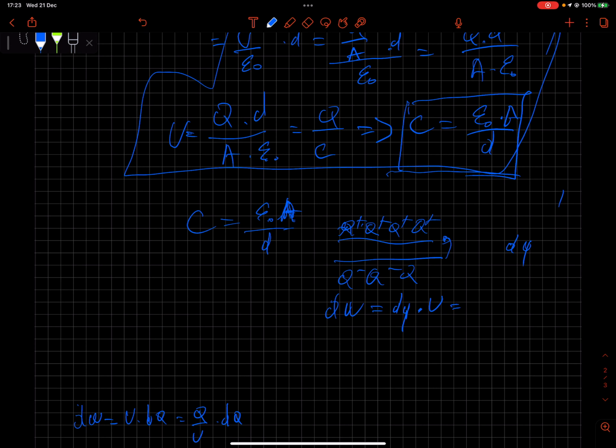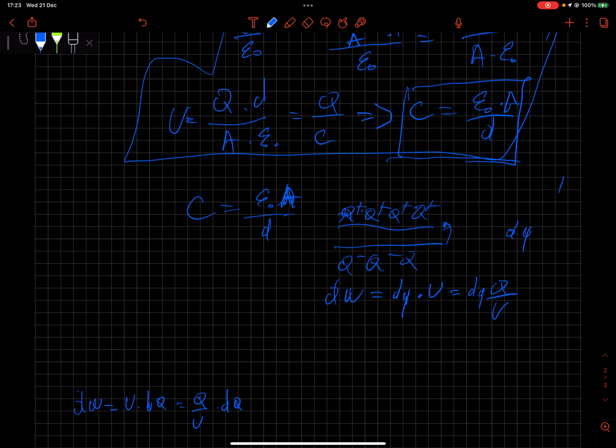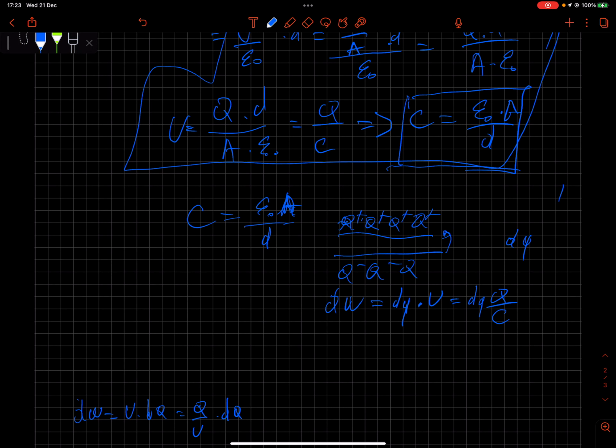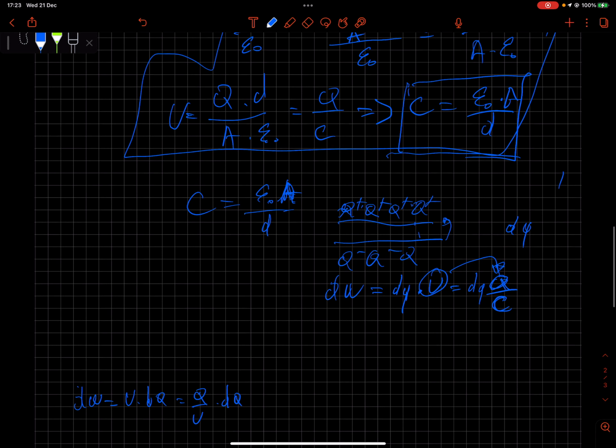And the voltage between the plates at that moment is equal to the amount of charge that we have on the plates divided by, sorry, capacitance. So the voltage between plates at that moment, we can write as the amount of charge that we already have on the plates divided by the capacitance.